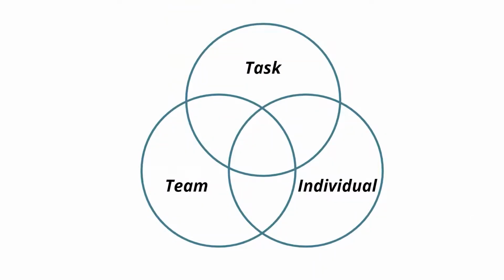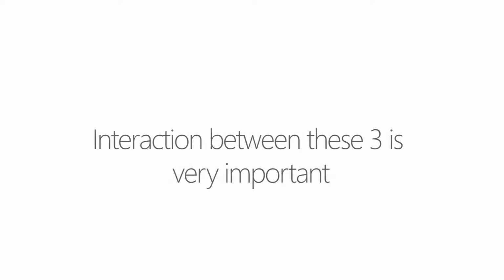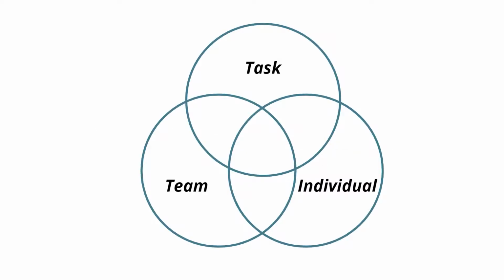So if we look at the first one on the screen, you can see the Venn diagram, and you can see this very perfect, balanced example of how these three things would work together. You can also see that there's an interaction between team and task, between task and individual, and between individual and team, which is understandable, as there's a relationship formed between each of those one-to-one.